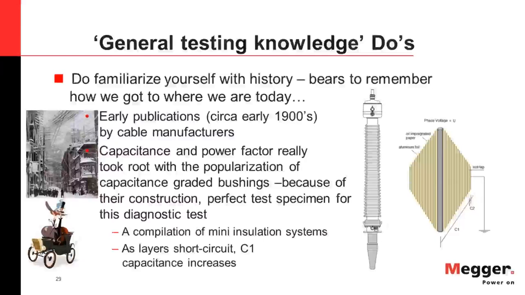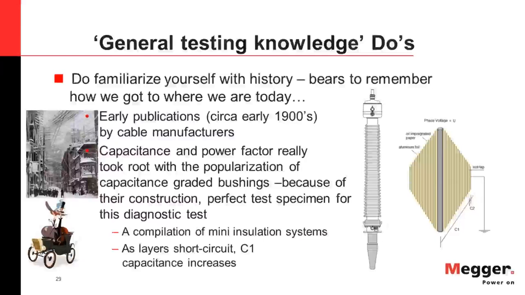So manufacturers ended up turning to power factor and capacitance tests as an alternative. The way these bushings are constructed made them the perfect test specimen for this capacitance and power factor test. They're basically a compilation of many insulation systems in series. And as layers short circuit in the bushing, C1 capacitance increases to alert of a localized problem developing in the bushing.